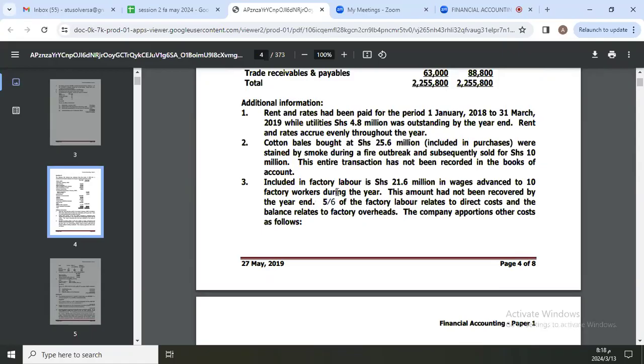So your question is, is factory labor the same as factory wages? It is the same, but the question tells you that in this one, we had direct labor and indirect labor in the same cost. So therefore, we went on to apportion them. What was direct has been taken as direct, and what is indirect has been taken as indirect.